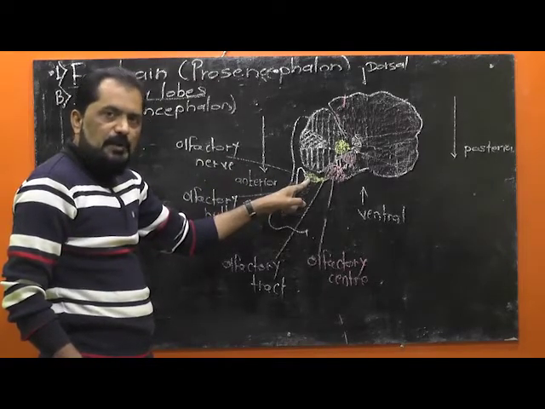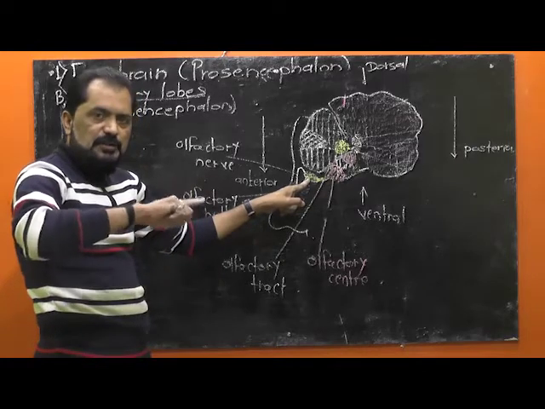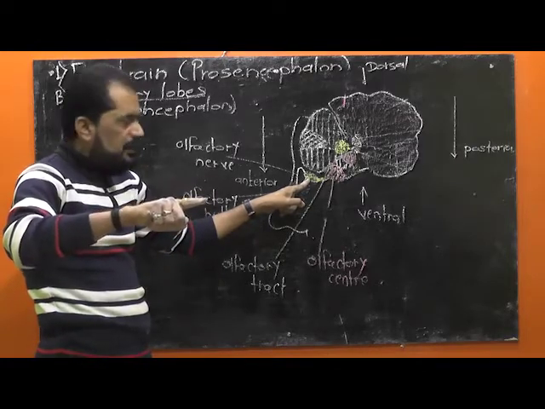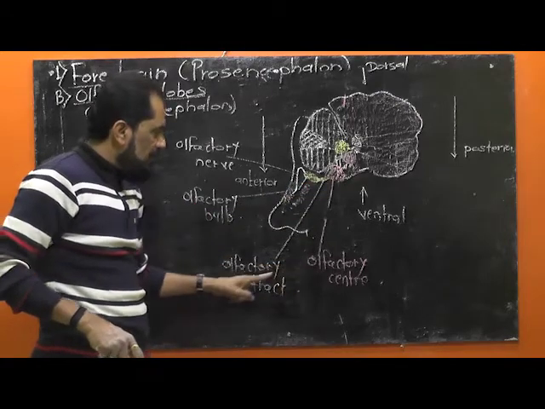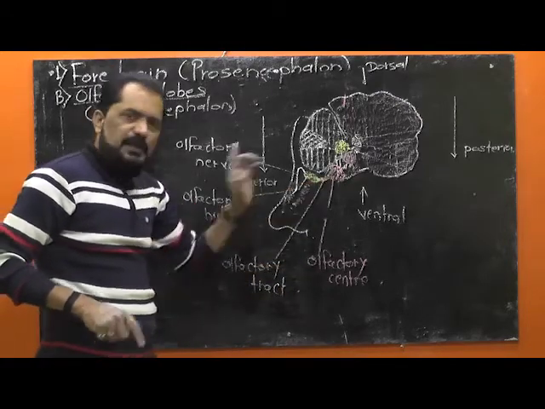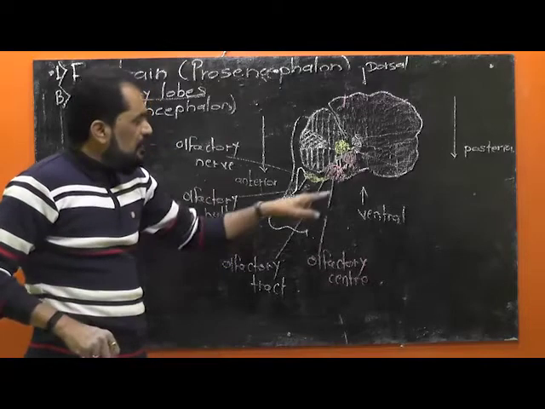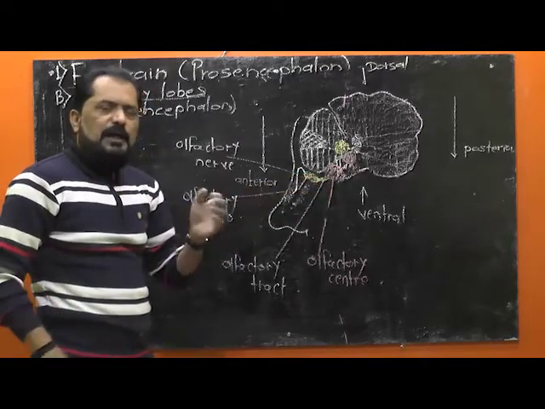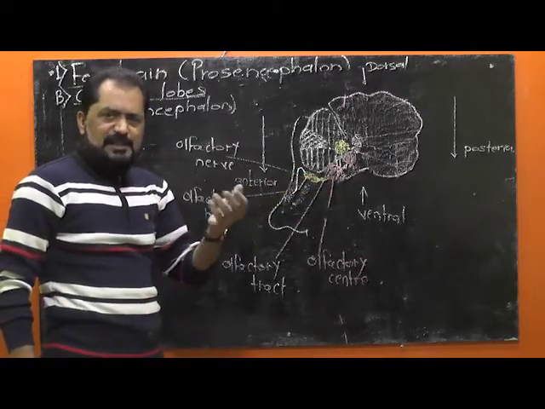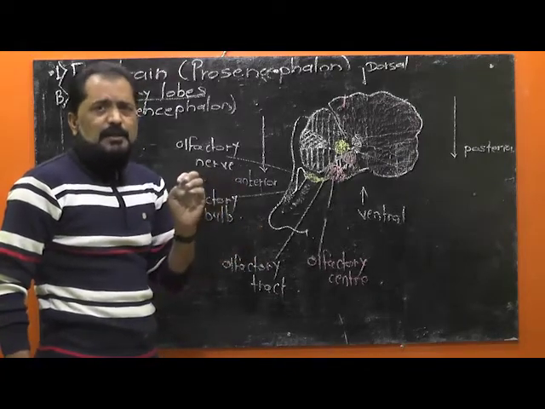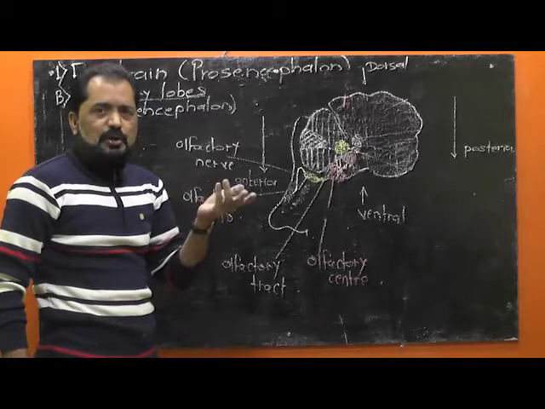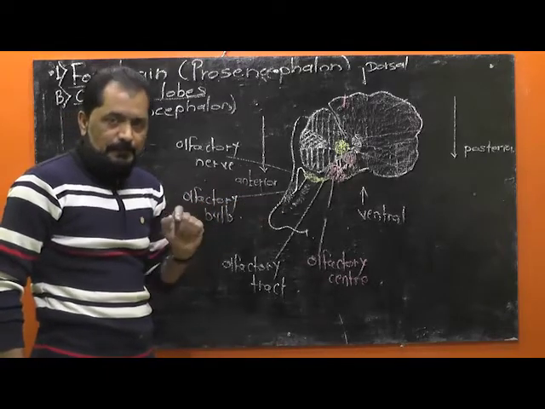From the olfactory bulb, that sensation in the form of electric impulse is carried up to the olfactory center by means of the olfactory tract. And here in the olfactory center, the analysis and interpretation of that stimulus is carried out and we get the sensation of a particular type of smell.